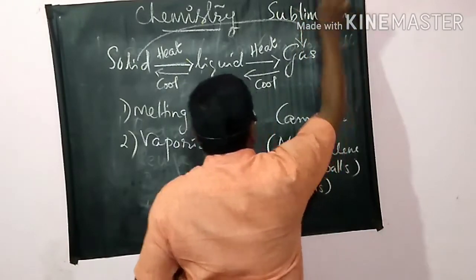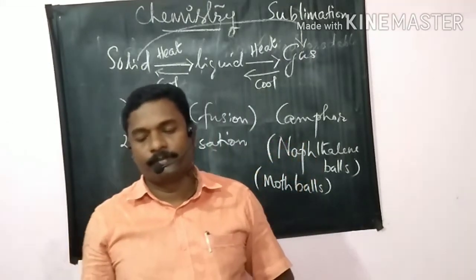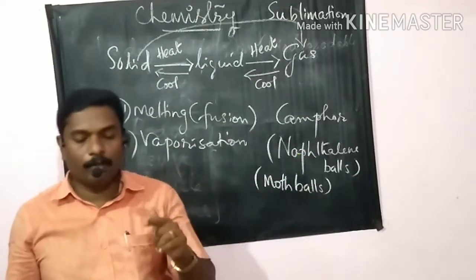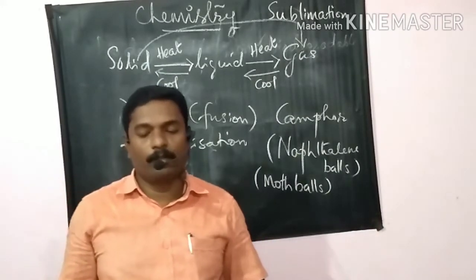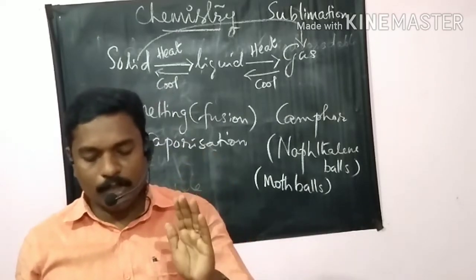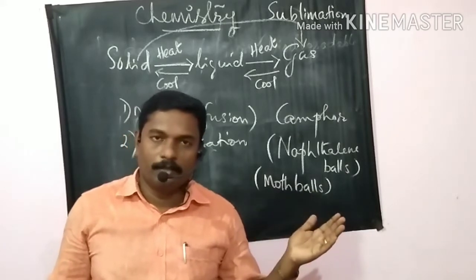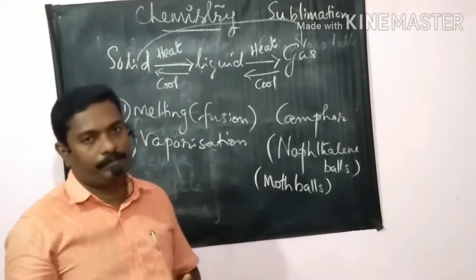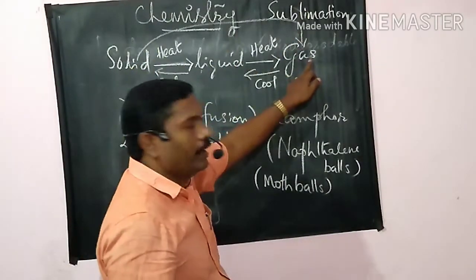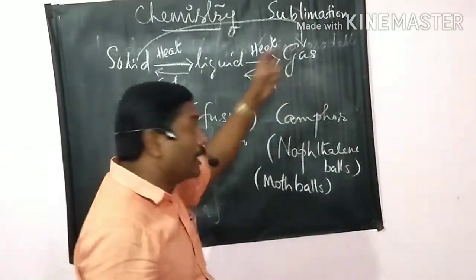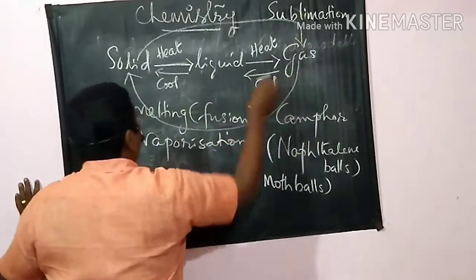So sublimation means a change of state directly from solid to gas without changing into the liquid state, or gas to solid. So solid directly to gas is called sublimation. Then what's the name given to the formation of solid from gas?